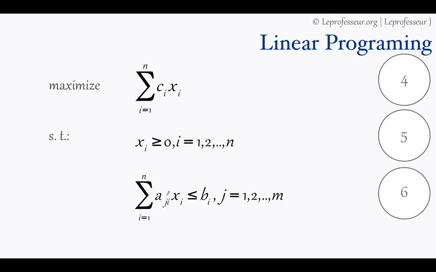So now A is some constant or coefficient, and B is again some constant or value. Okay. And see here this less than or equal to sign. This makes our life a bit uneasy.